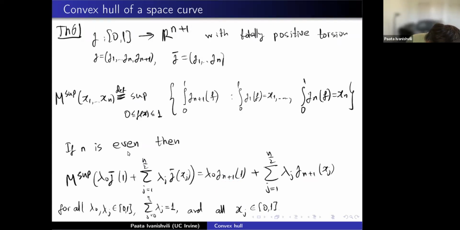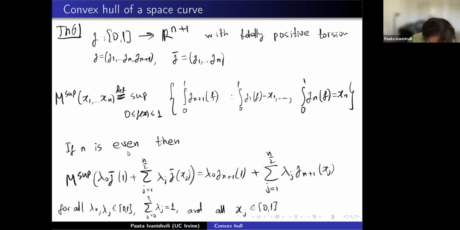And this is true for all lambda 0, lambda j from 0 to 1, sum of lambda j equals 1, and for all xj's from 0 to 1. I claim that this gives you a complete parameterization. It tells you values of this function at all points. These convex combinations fill out the full domain of this function.